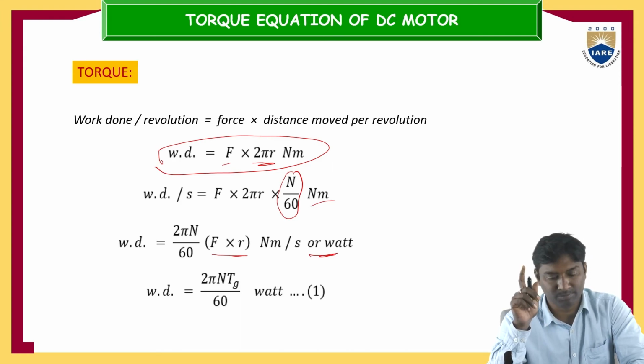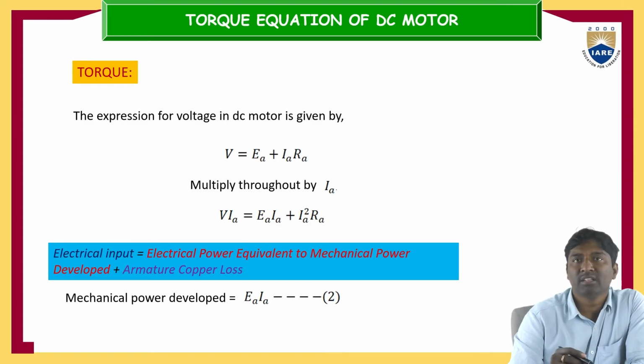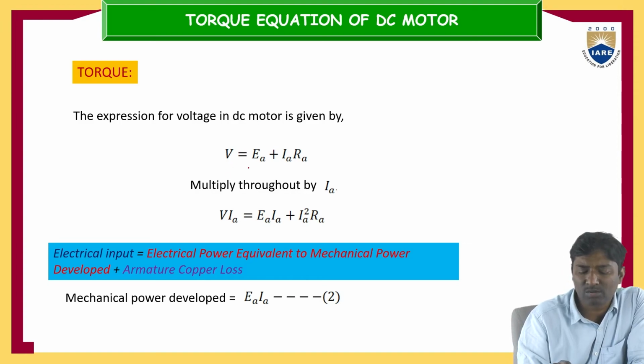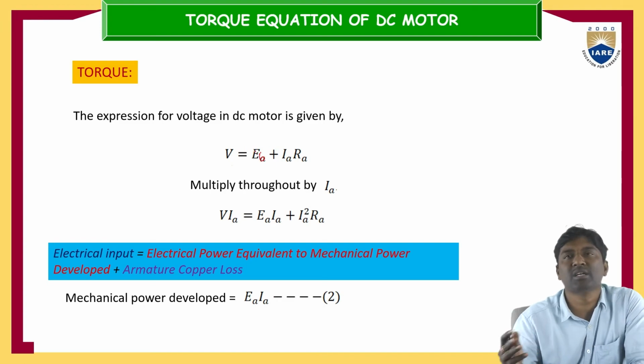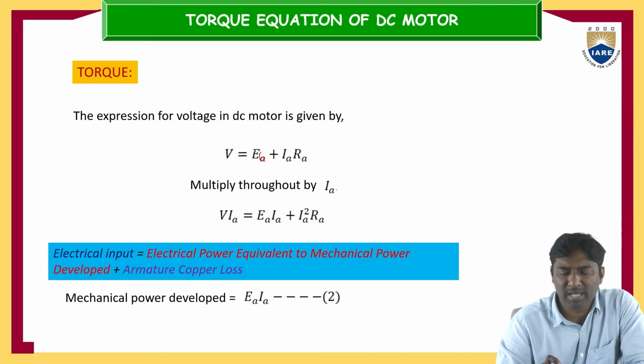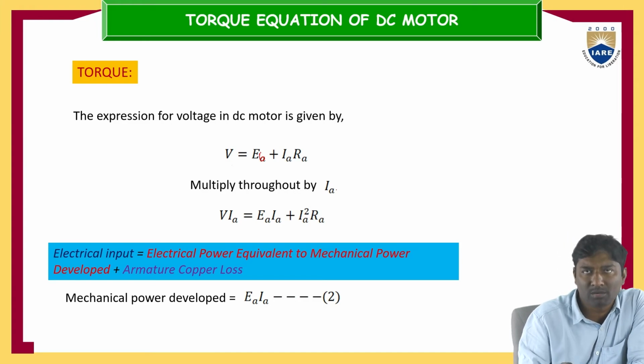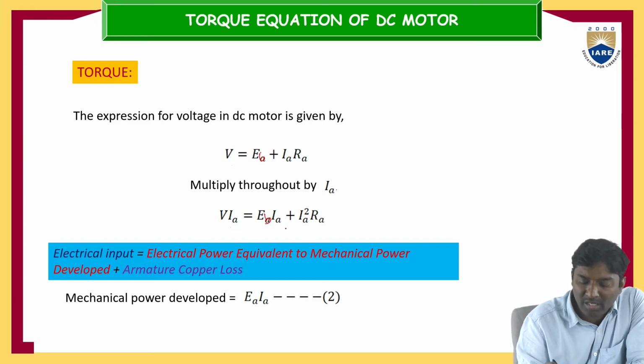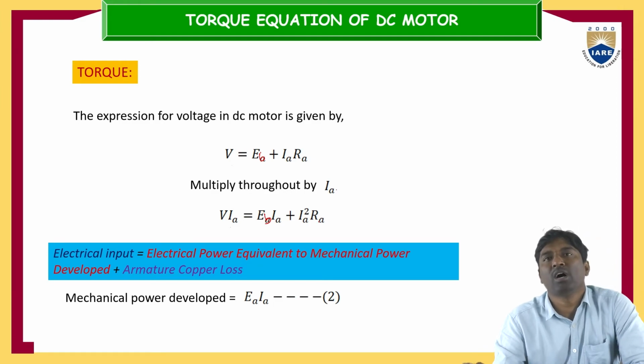Then the expression for voltage in a DC motor is given by V is equal to Eb or Ea, whatever it be; some textbooks use Eb, some use Ea, the back EMF, plus Ia into Ra. Multiplying throughout by the armature current Ia, we get V into Ia is equal to Eb into Ia plus Ia square into Ra.